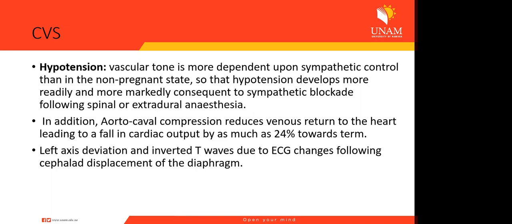That's why it's important to always put your wedge, left uterine displacement, for your pregnant patient going for cesarean section, even for patients who are lying down. That's why most pregnant women prefer to lie on the lateral side to reduce the effect of aortocaval compression.